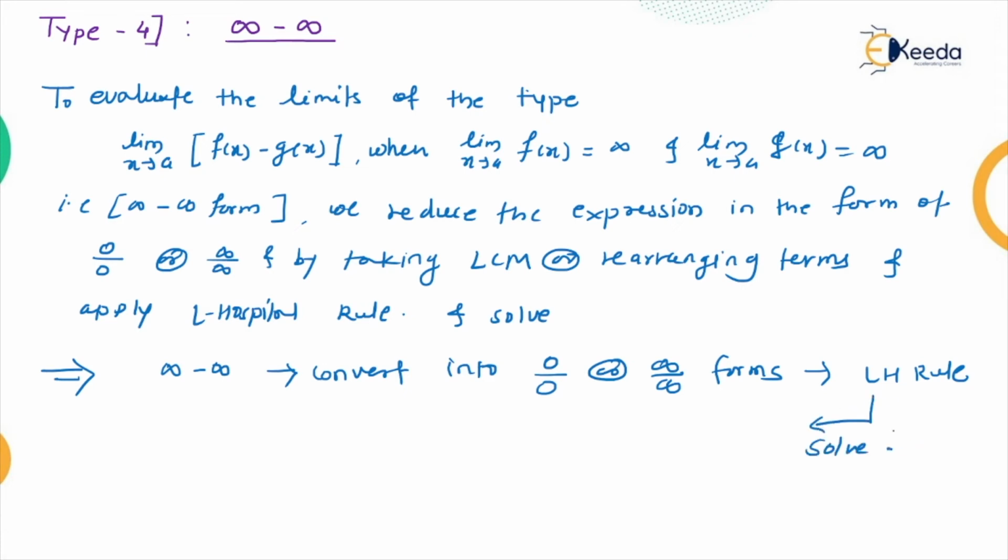That is the procedure for solving infinity minus infinity problems in type number 4. I hope you understand this. Now let me start an example on type number 4.